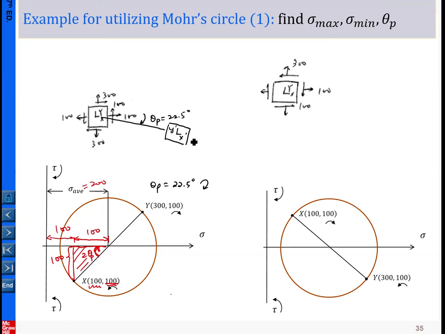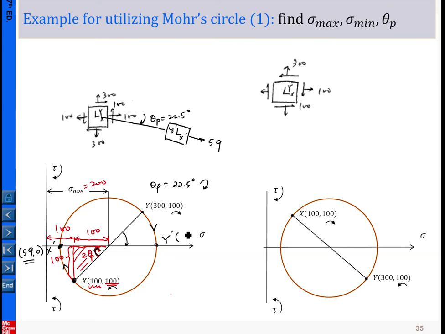Okay, so in x prime we look at the point, because here we already decided the rotation is in this sense, so x will move to here, x prime, and x prime has a coordinate minimum 59 and 0, as we calculated a few minutes ago. So in x prime, the normal stress is 59, shear stress 0. Now this is y, we're rotating in this sense to y prime here.